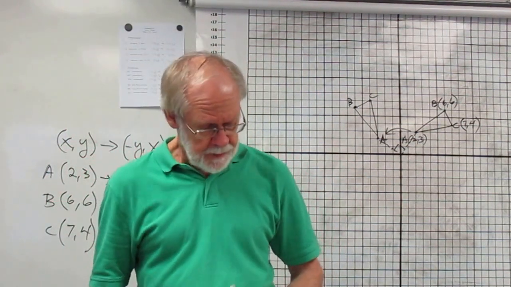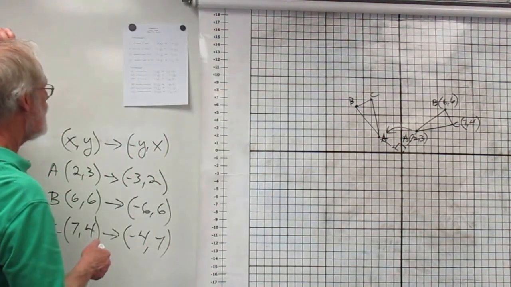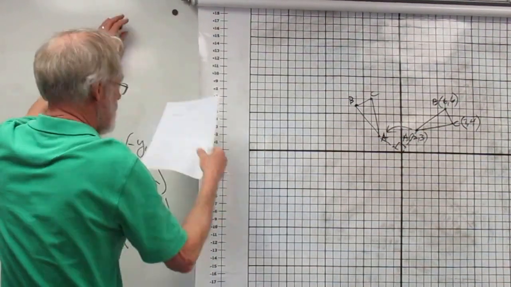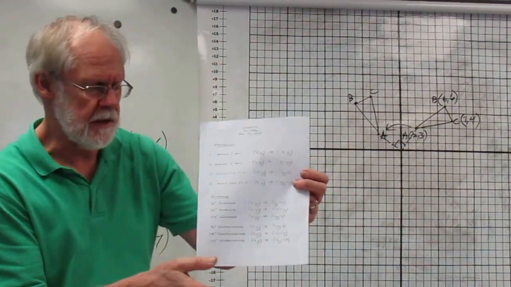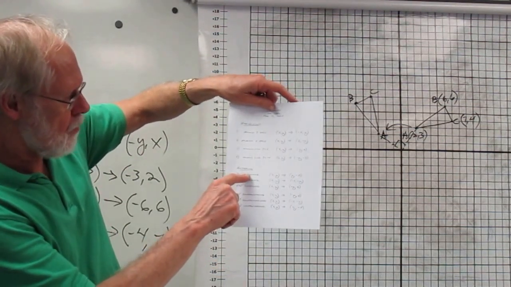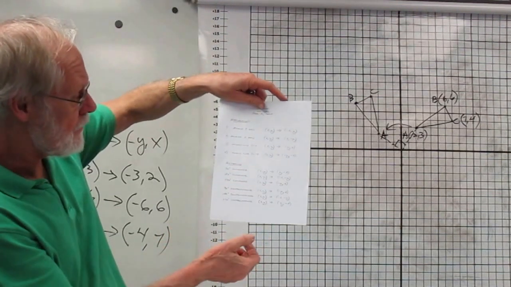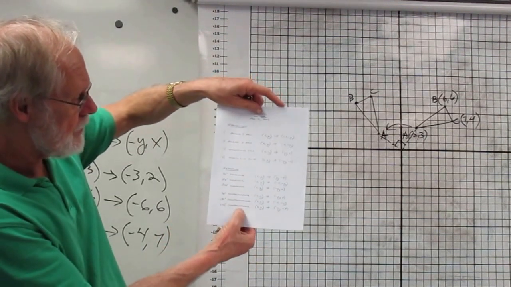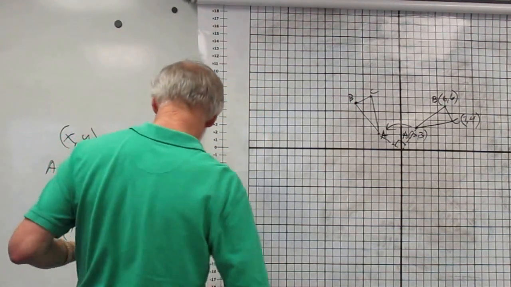Okay, now, having set the stage for how you do these, let me show you one more thing on this, if you can see this. I want you to notice something here. A 90-degree clockwise, y negative x, is the same as a 270 counterclockwise. Well, doesn't that make sense?